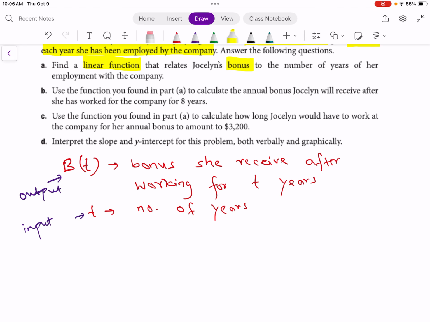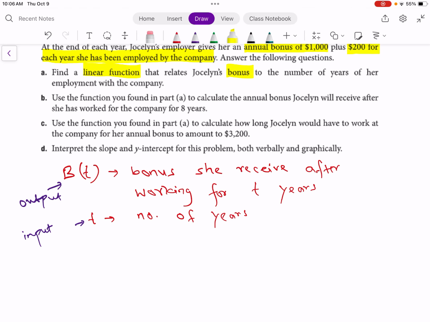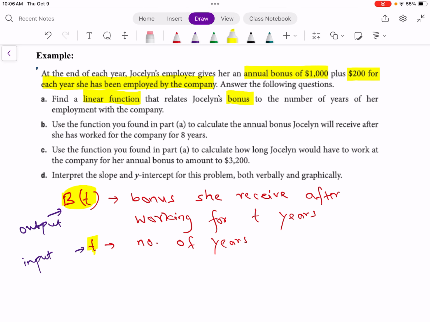So we have to write a linear function that relates Jocelyn's bonus to the number of years of her employment. Our t is the number of years of her employment with the company, and B of t is the bonus she receives. Now how do we write a linear function? We know her bonus is $1,000 plus $200 for each year she has been employed.